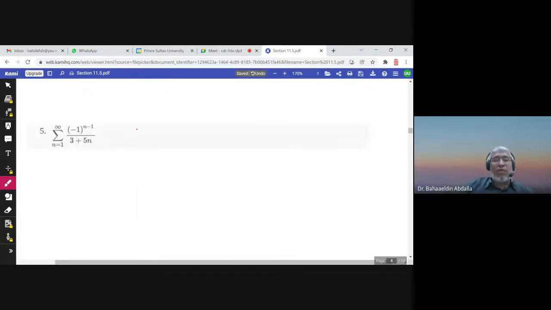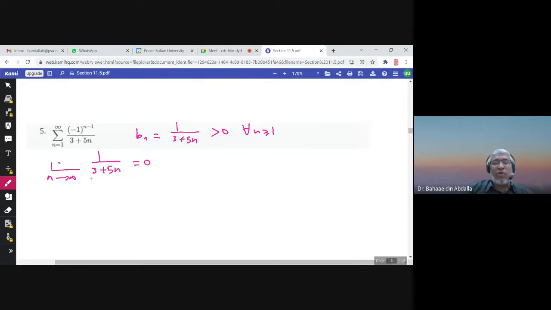Well, here, what is Bn? It is 1 over 3 plus 5n. It's greater than 0 for all n greater than or equal to 1. The limit of Bn is 0 when n goes to infinity, because 1 over infinity is 0. 1 over 3 plus 5 times n plus 1 is less than 1 over 3 plus 5n, because the denominator here is greater than the denominator here.